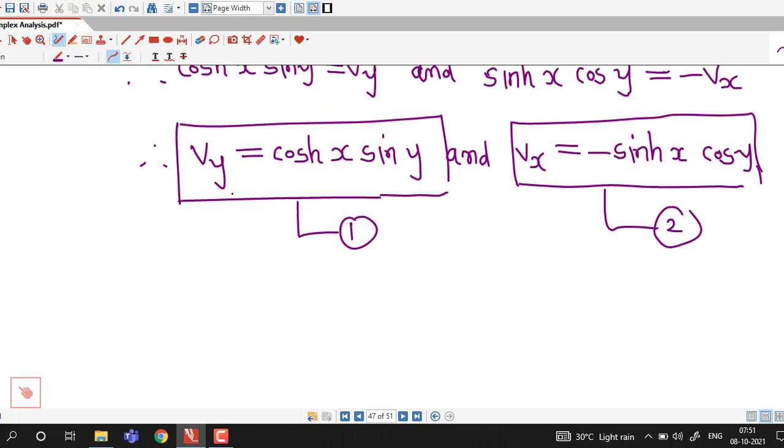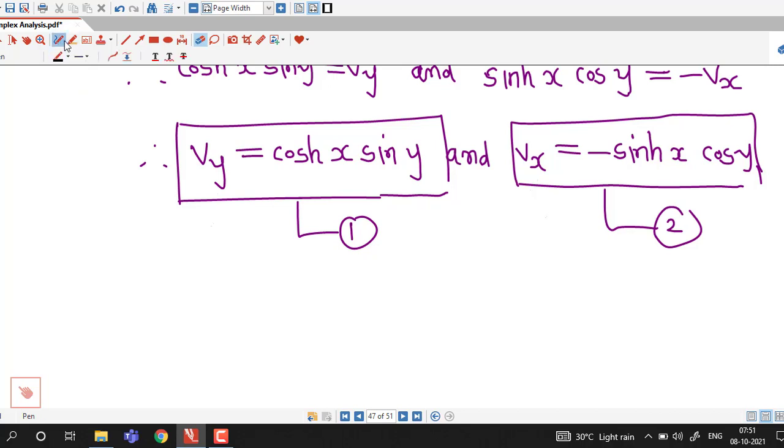Now suppose I want to use equation number 1, then I will integrate del v by del y with respect to y, and if I want to start from equation 2, I will integrate del v by del x with respect to x to obtain the harmonic conjugate. So that is our choice: either we can start from equation 2 or from equation 1. Suppose we start using equation 1.